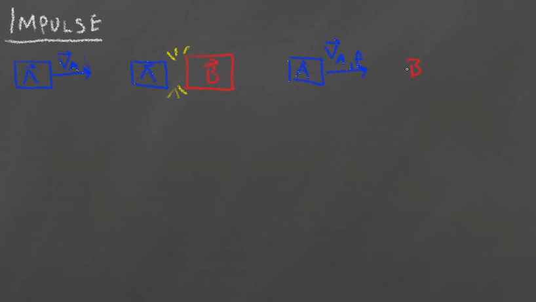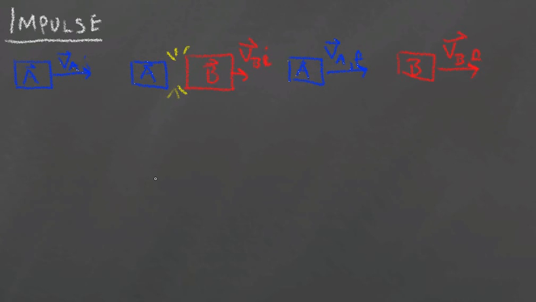B is going to be moving with some velocity VB final. And this is even true if B had some small initial velocity, where the initial B velocity is less than the initial A velocity, so that eventually the collision would take place.